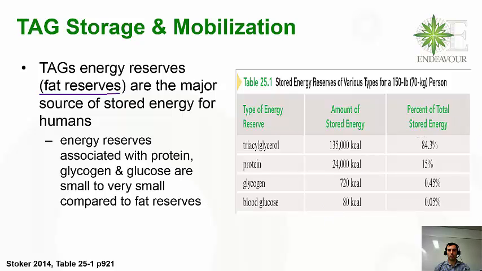So almost 85% of our energy storage capacity is actually in our triacylglycerol, 15% in protein, about 0.5% in our glycogen. So remember, this was our carb store, so a very low amount of carbohydrate we can store, and blood glucose is a tiny portion as well. So the majority of the energy storage capacity that we have is actually in the triacylglycerol.